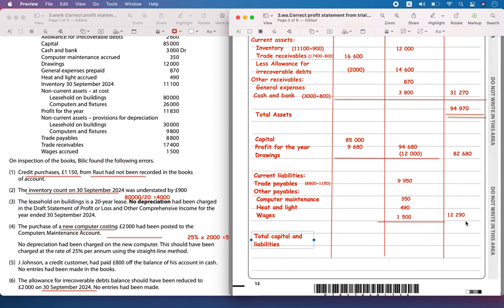And then we have to find the total capital and total current liabilities. So just add up 82,680 plus 12,290. It should become equal to 94,970. So your assets and your liabilities have to get balanced.